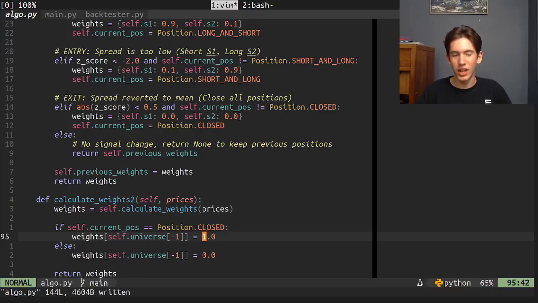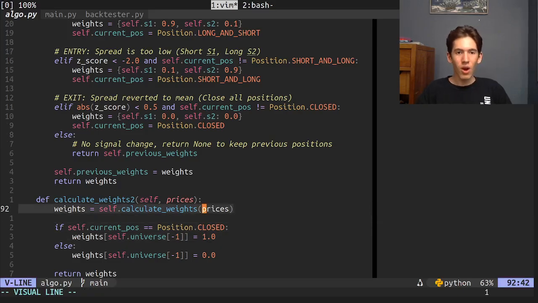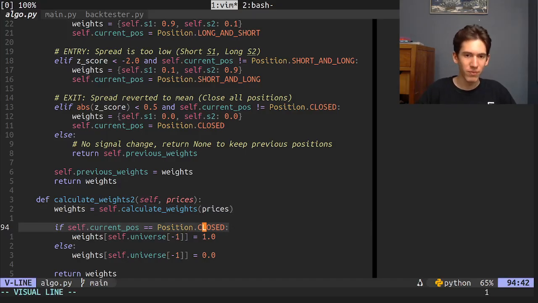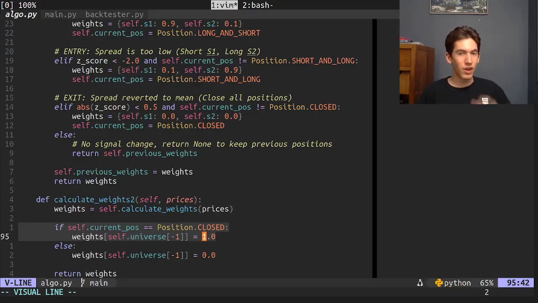So this is what I changed before. We calculate our weights like we normally do, and we notice that in a closed position, we should invest into the last asset in our universe, which in our case is SPY. So this means you can take the money that's not being invested right now, the position is closed out, and you invest it into SPY, where you know you're going to at least get some returns.